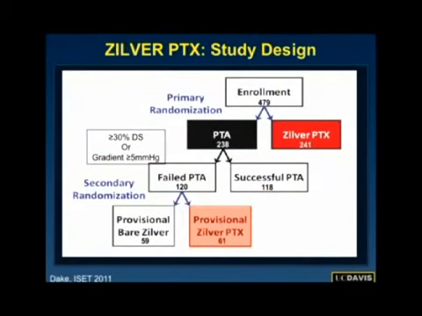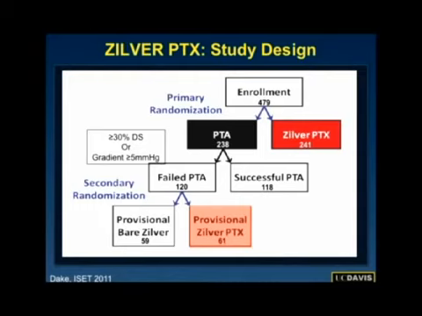I can't say that I fully understand all this trial design myself, but whoever designed it may have been at least partly ingenious, because they designed many bifurcation points here, and I think many opportunities for the Zilver PTX stent to look excellent.